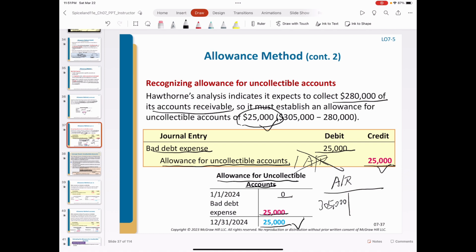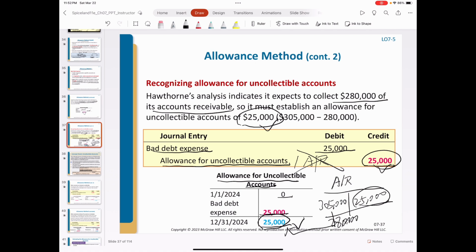So the net book value of accounts receivable is the difference of these two. It's $280,000. Instead of a direct write-off here, I reduce the book value of accounts receivable indirectly. We record this in the allowance account, allowance for uncollectible accounts.